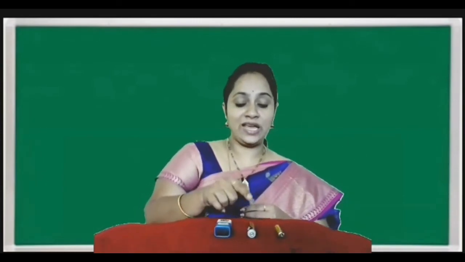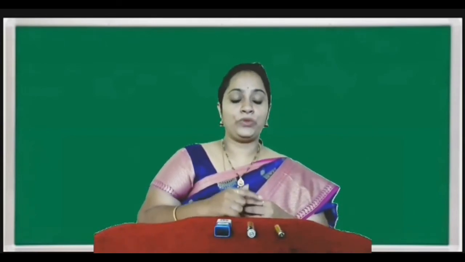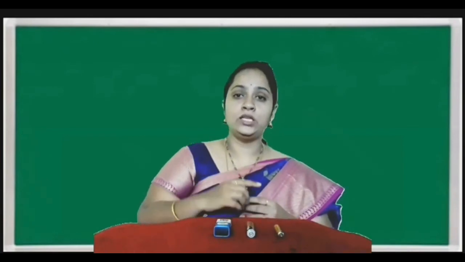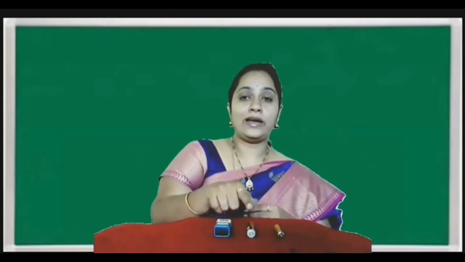So we can say it is the lighter one. And the last one is very light than the remaining two batteries. So we can say it is the lightest battery. Light battery, lighter battery, lightest battery. It means light, lighter, lightest.